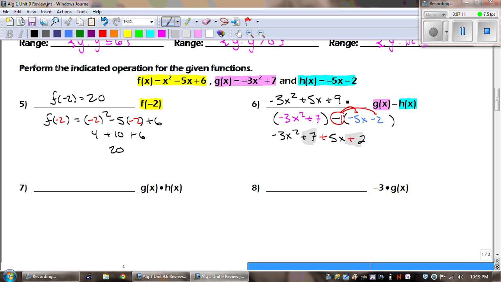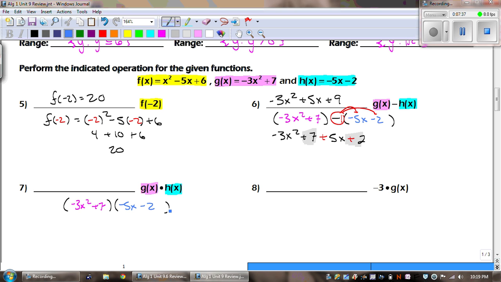Okay, number 7. We're using those same two functions, g of x and h of x, but this time we're multiplying. So we're multiplying the -3x squared plus 7, and we're timesing that to the -5x minus 2.